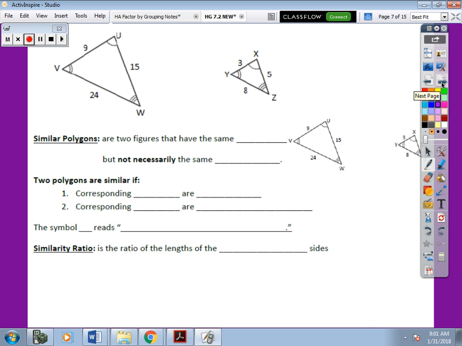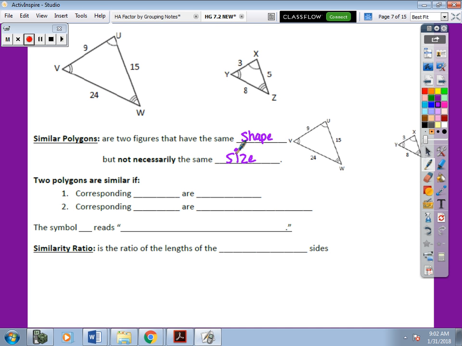So today's focus is on similar polygons, which look like this. Okay? So there are two figures that have this same shape, but not necessarily the same size. So it's almost like one's been shrunk or enlarged. And I have the same picture two places. Now, what you'll notice is that the corresponding angles are congruent.